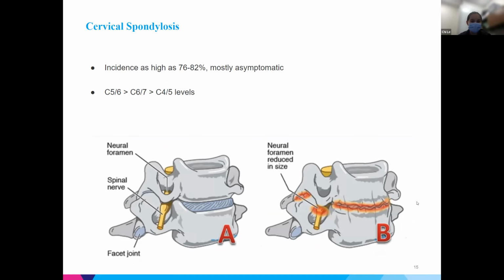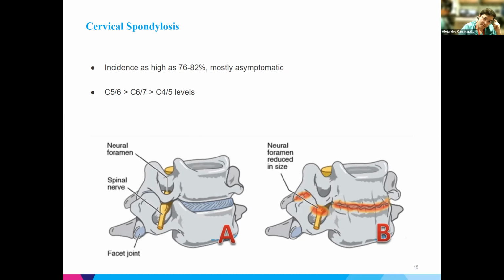I guess generally it would be just degeneration of the bones and the discs in the cervical spine. Yeah, that's right. It's a broad term that means degeneration of the spine, which can involve the discs, the bony elements, and incidence is as high as 76 to 82%.